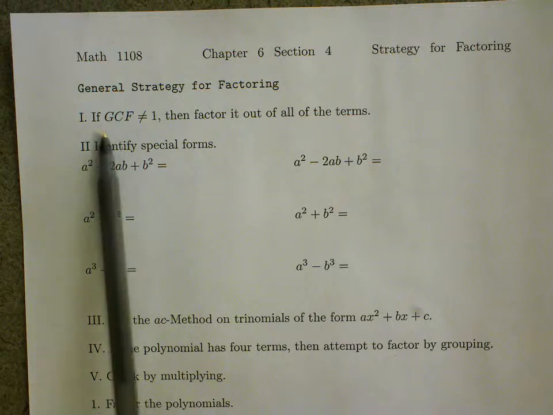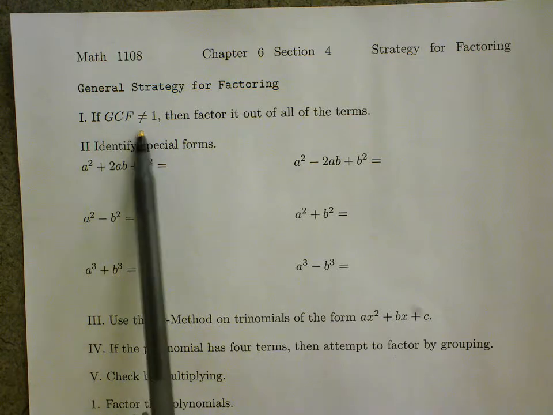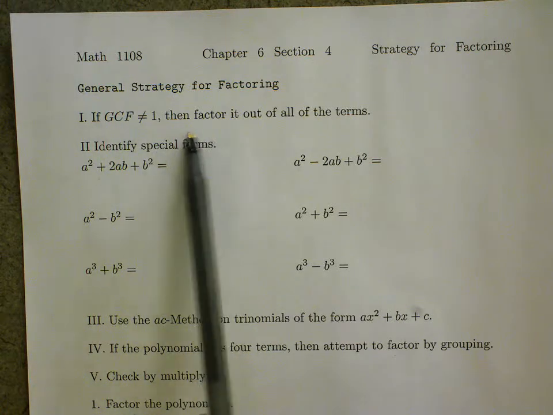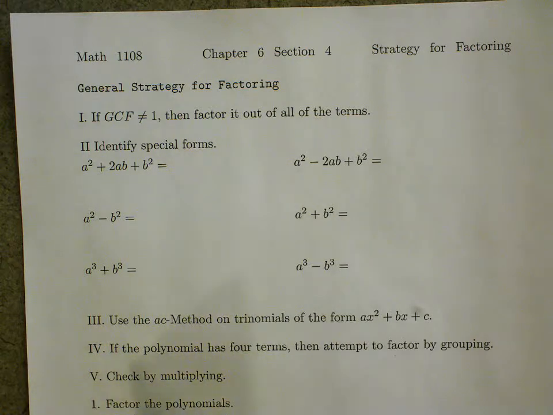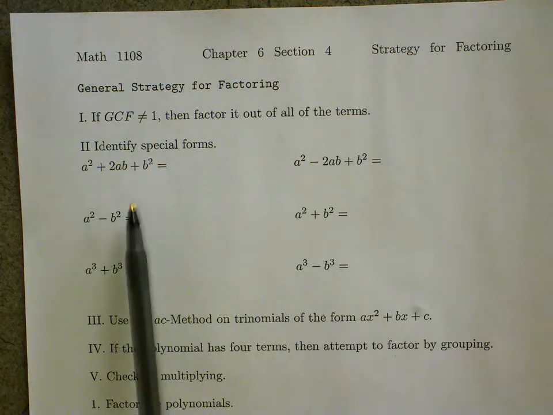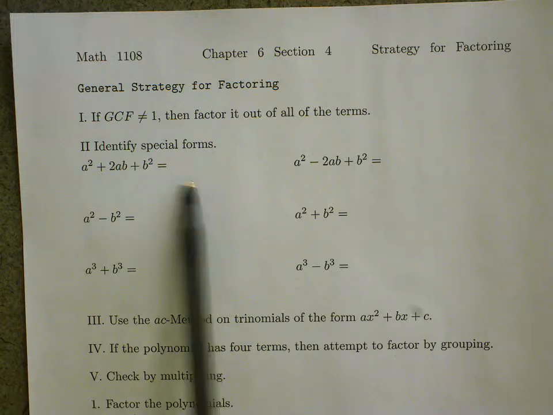As always, if the greatest common factor is not equal to 1, then factor the greatest common factor out of all of the terms first. Then watch out for special forms.